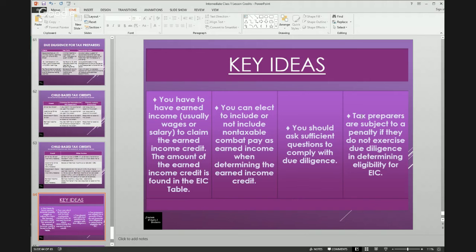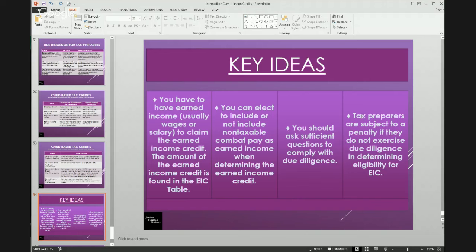So for example, if you have a 23-year-old who comes in and is claiming 16-year-olds, and they say that they are their child, their daughter or son, that's inconsistent with those ages. At that point, you should be asking questions as to how that happened and documenting it onto the return as well. Tax preparers are subject to a penalty if you are not following the due diligence requirements.